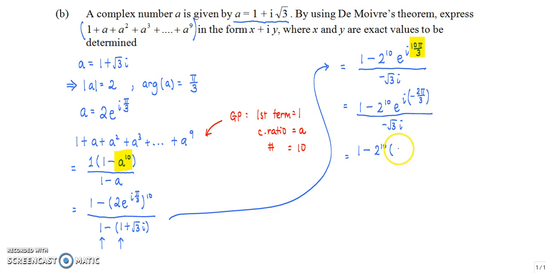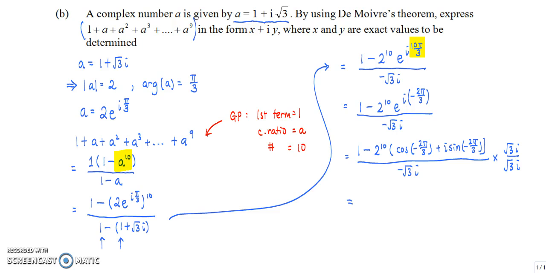So we get cosine of negative 2 pi over 3 plus i sine of negative 2 pi over 3, and the whole thing divided by negative square root 3 i. We can also multiply by the conjugate to get rid of the i at the denominator.